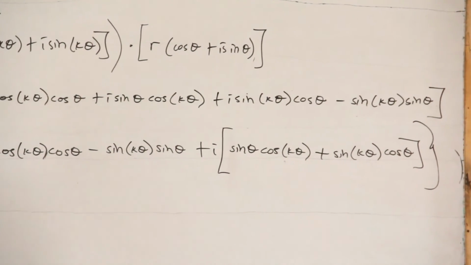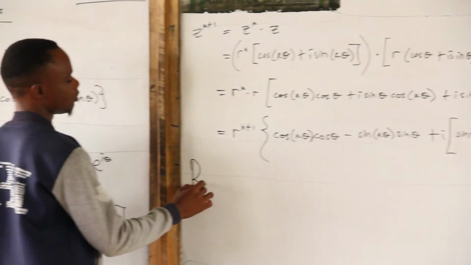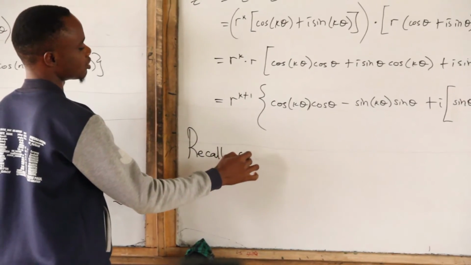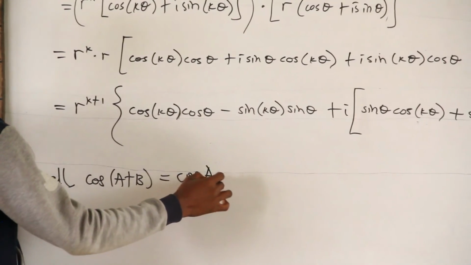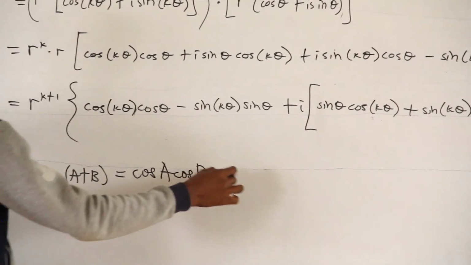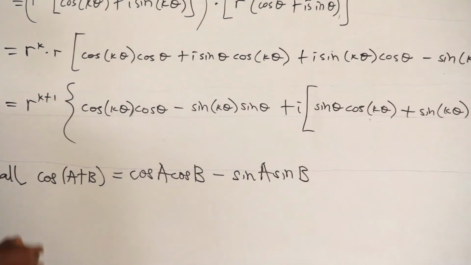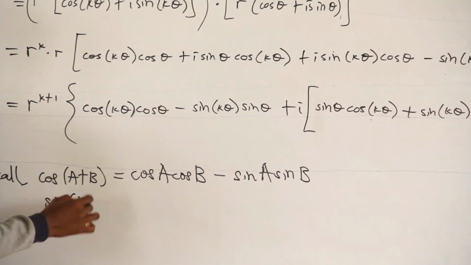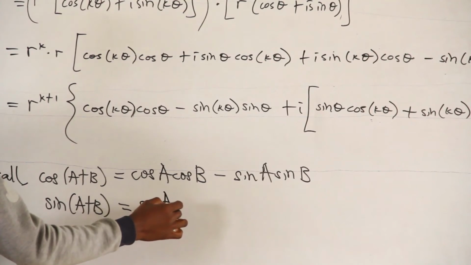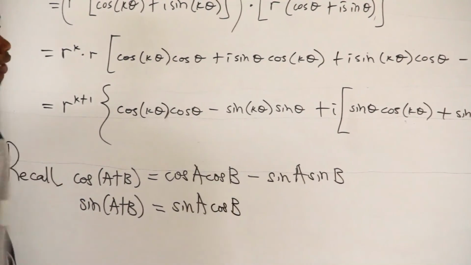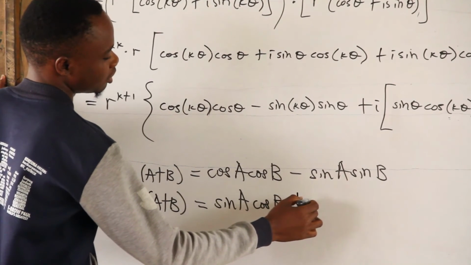So we can simplify this expression. Don't forget, you should recall that cos A plus B is what? Cos A cos B minus sine A sine B. Does that make sense? And then sine A plus B will be equal to sine A cos B plus sine B cos A. You know what I'm doing?